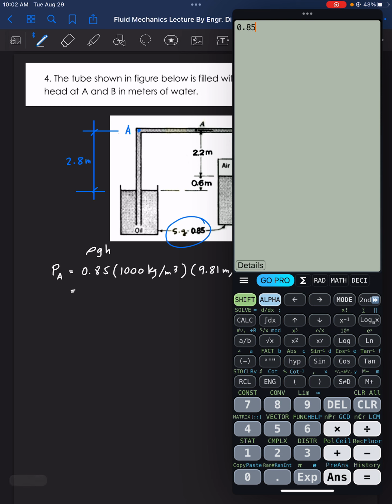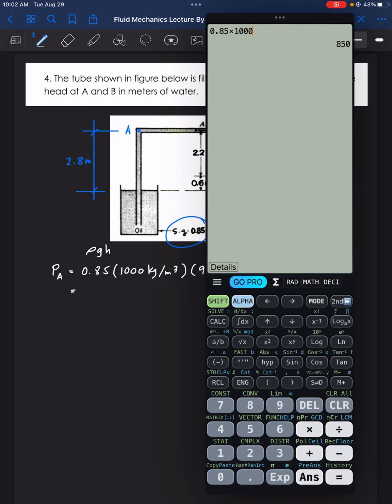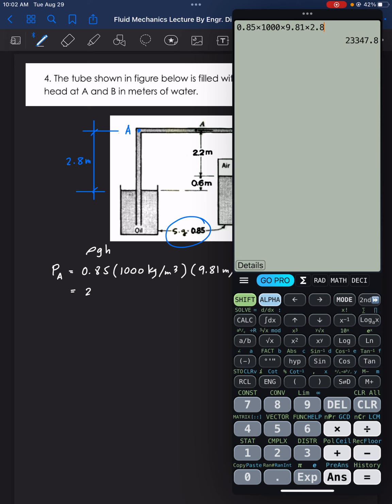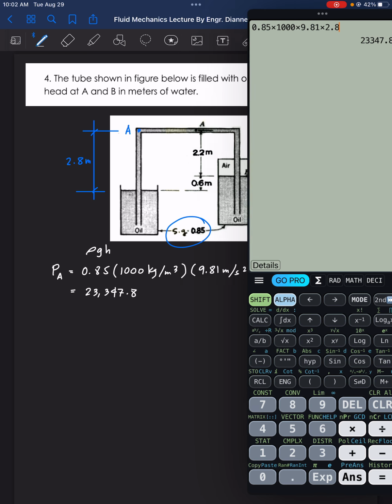So 0.85 times 1,000 times 9.81 times 2.8 is 2347.8. And what unit is that?